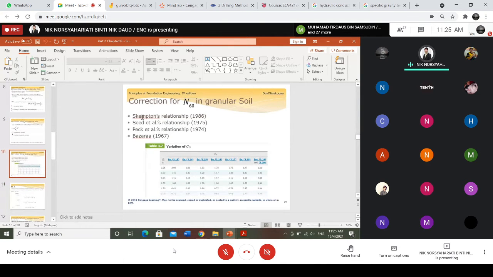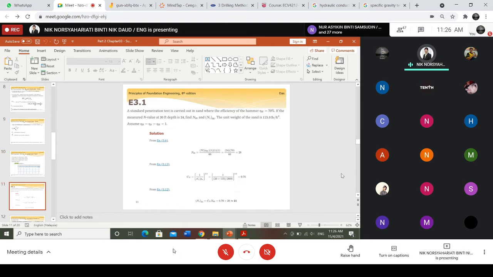So you can see also Skempton's relationship, which also presents the equation related to granular soil, and Seed, Peck, Bazaraa. Then you can refer to table 3.7, where there's a variation or different value based on each equation, and then you will get the correction of N60 for the granular soil. I took this table, which is just half of it. You can view the full presentable table in your Mindtech, right?